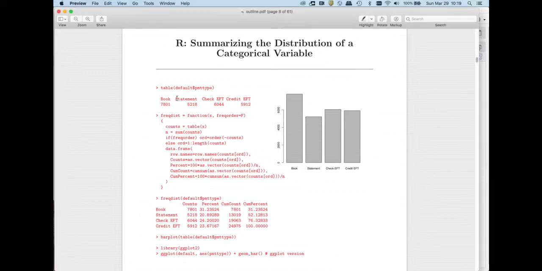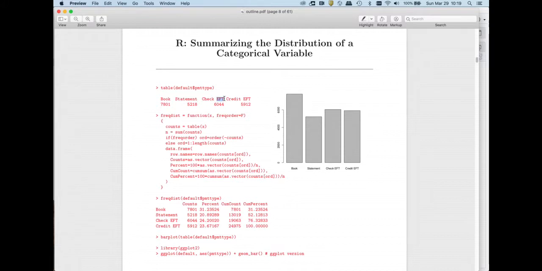There's also a statement method where they send you a statement every month and you mail in a check. Then there were two EFT methods. So EFT means electronic fund transfer. So you could either give them your credit card number, or you could give them your checking account number with permission to debit you a certain amount every month to pay for the bill. All right, so this is an example of a categorical variable.